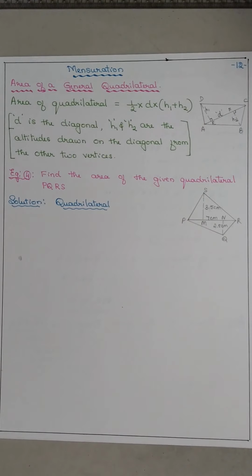Now coming to the area of a general quadrilateral. What is a general quadrilateral? The sides are not equal. A regular quadrilateral or regular pentagon means all sides are equal.